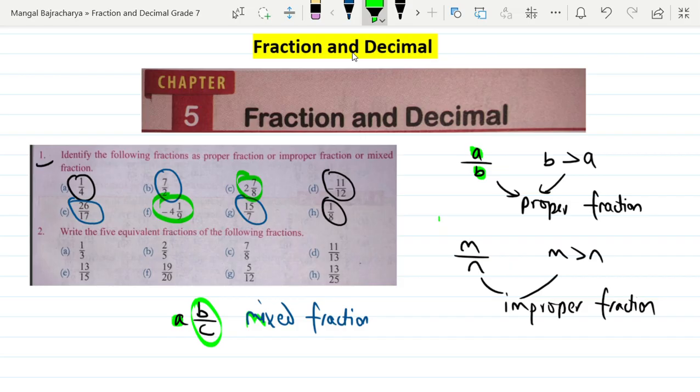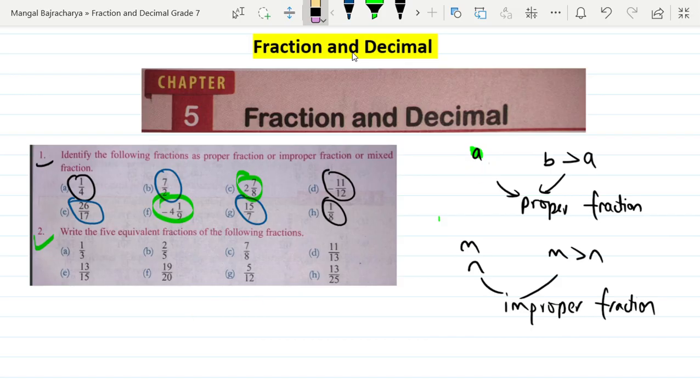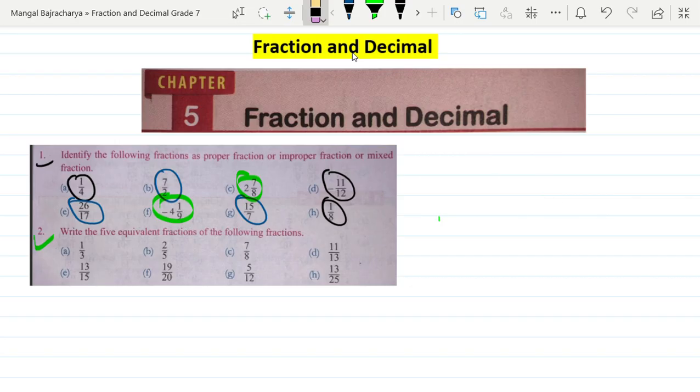After doing number 1, we go with number 2. So what is said here: write the 5 equivalent fractions of the following fractions.